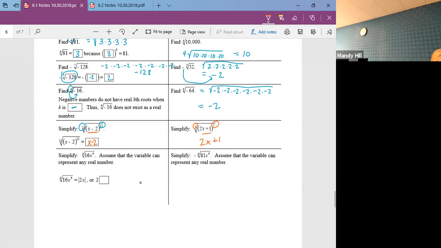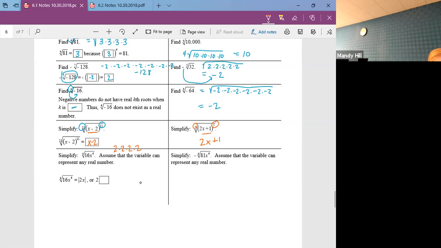This one's close, but it's not the whole thing raised to the 4th. It's only the x raised to the 4th. So could I write it with the whole thing raised to the 4th? I do know that 16 is 2 times 2 times 2 times 2.